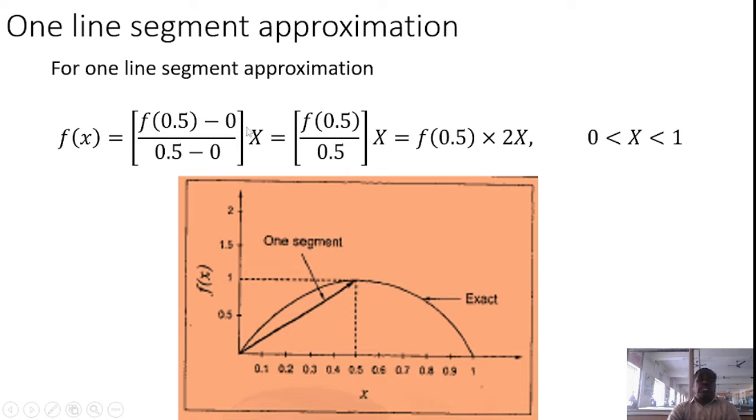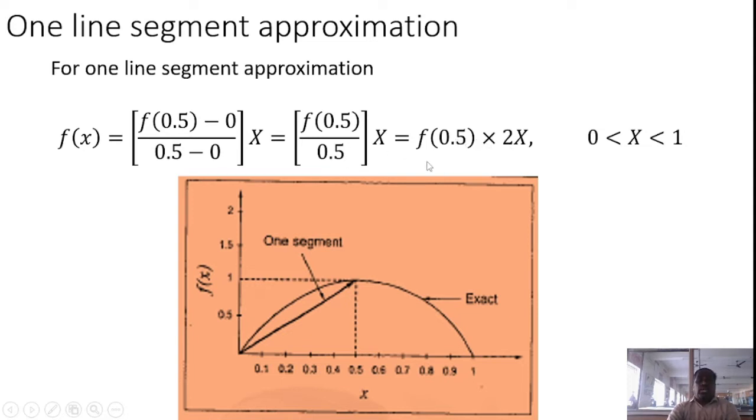If I simplify this, I get f of 0.5 divided by 0.5 times x. Since 1 divided by 0.5 is 2, f of x is f of 0.5 times 2 times x.